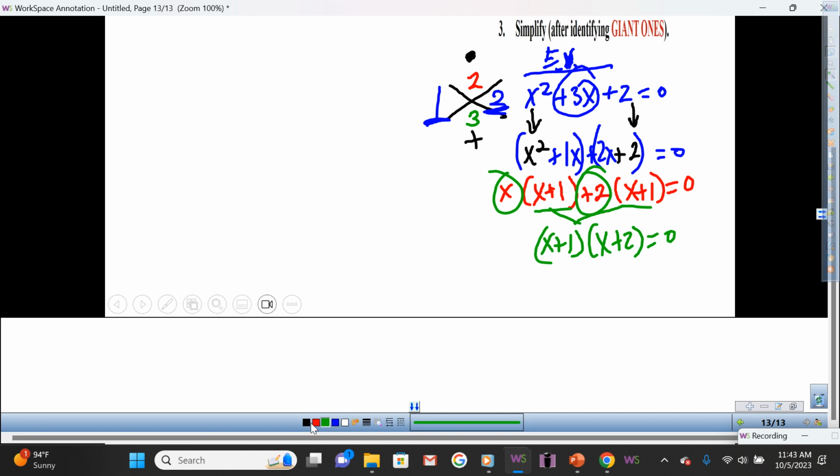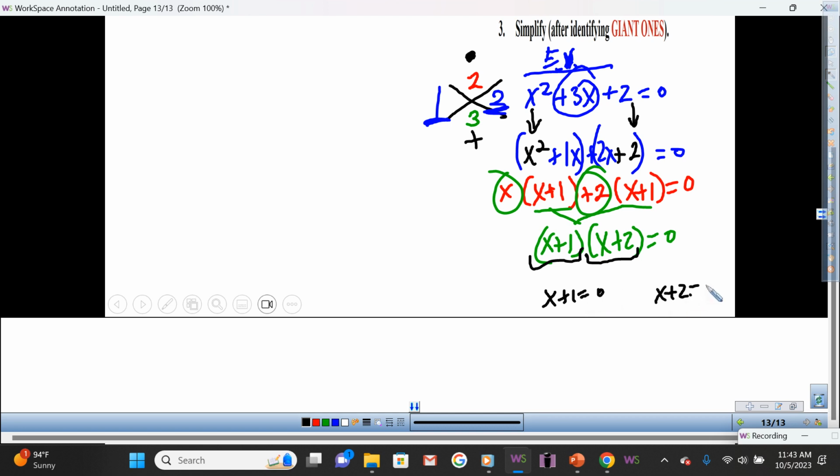So, question. If this times this equals 0, tell your neighbor what to write next. If that times that equals 0, what do we write next? Don, what do we write next? Yeah, x plus 1 equal to 0.